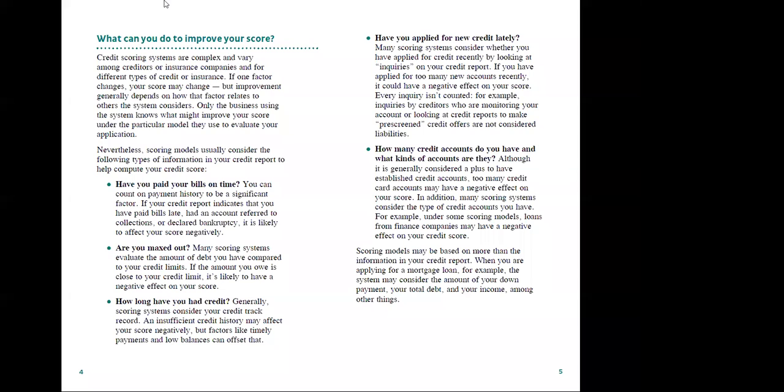And then on the credit accounts, do you have, and what kinds of accounts are they? This is something I want to bring out. It's a positive, but too many credit accounts may have a negative effect. I ran a credit today. I had their credit right where I needed to be. In 2 months, because they've been looking and looking and looking, they went and charged up the accounts.